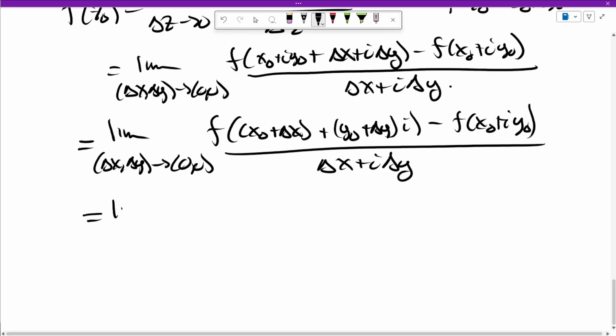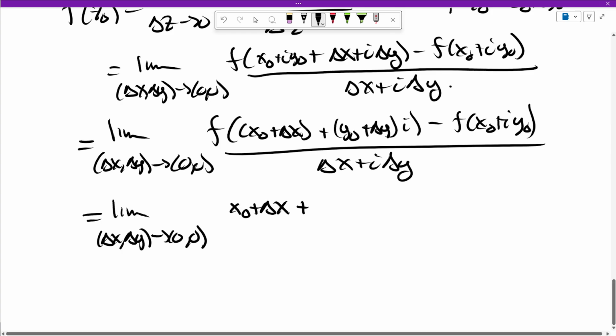So f, if you rewind or look in your book, is: I take my real part, and then I add 4 times the imaginary part, times i. So again, f is going to take our real part, but then we're going to quadruple the imaginary part.